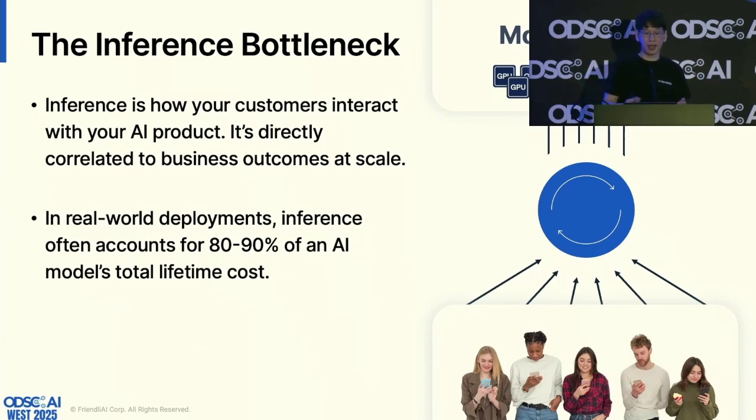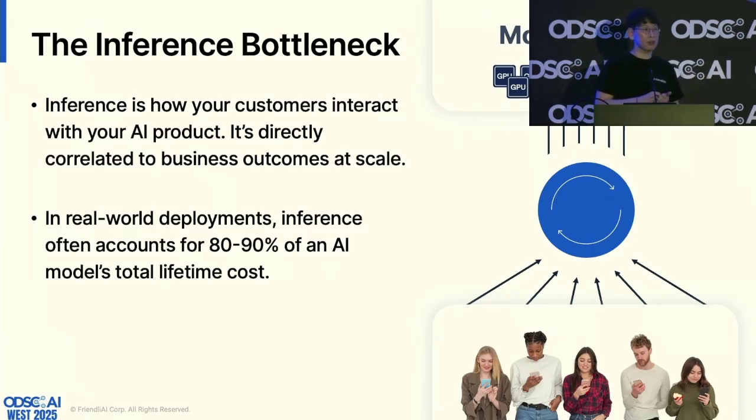So inference is the process of getting an output from a model, which is how your customers interact with your AI product. It's directly correlated to business outcomes at scale. As the AI product scales, inference dominates the economics and user experience.